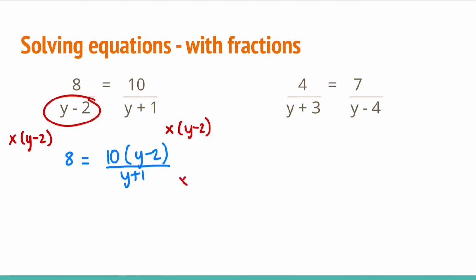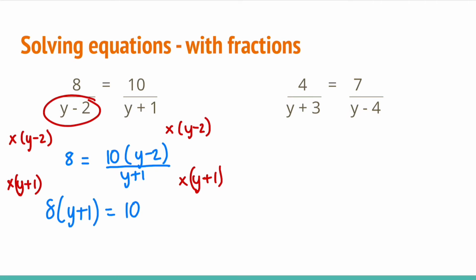And now I need to times by the y plus 1 on both sides. And that's going to give me 8 times y plus 1 is equal to 10 times y minus 2. And now we can solve it in exactly the same way that we normally would.